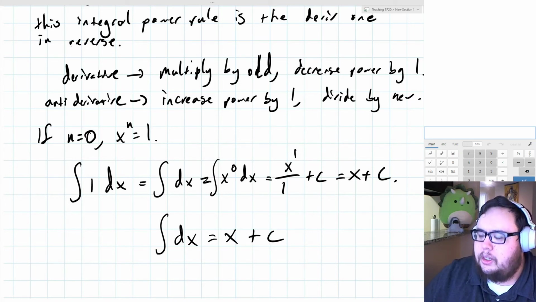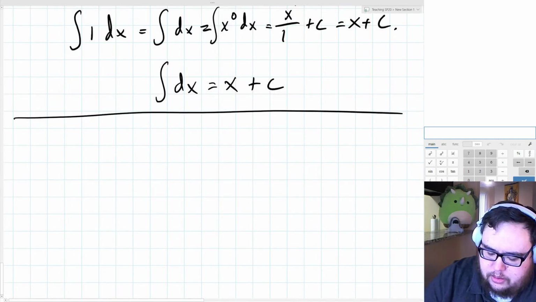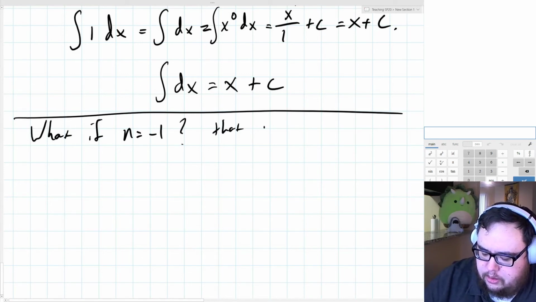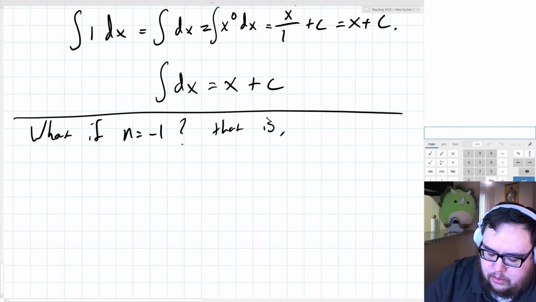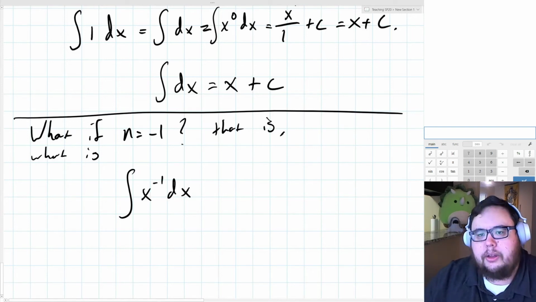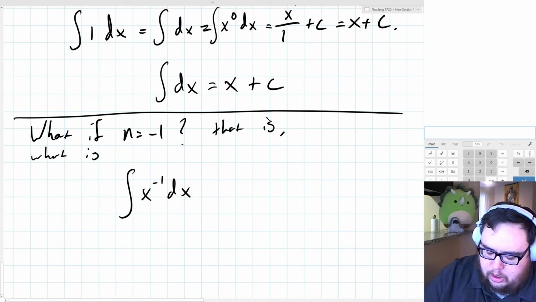Actually, let's talk about what if n is equal to negative 1. That is, what is the integral of x to the negative 1 dx? Well, we certainly can't use the power rule.